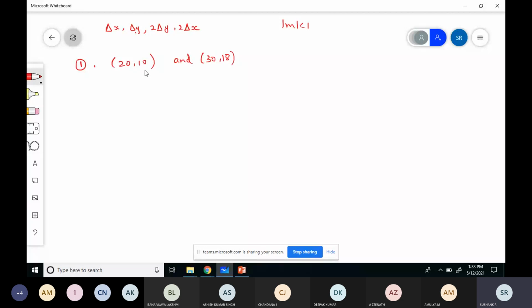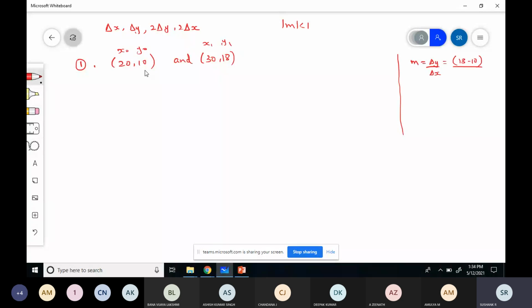Now how to calculate slope? All the rough work, I'll just write it here so it will be easy for me to erase. Slope is given by delta y by delta x. So delta y means difference in y. Difference in y is 18 minus 10, divided by, so this is x naught, y naught. You can take it as x1, y1, the end points.